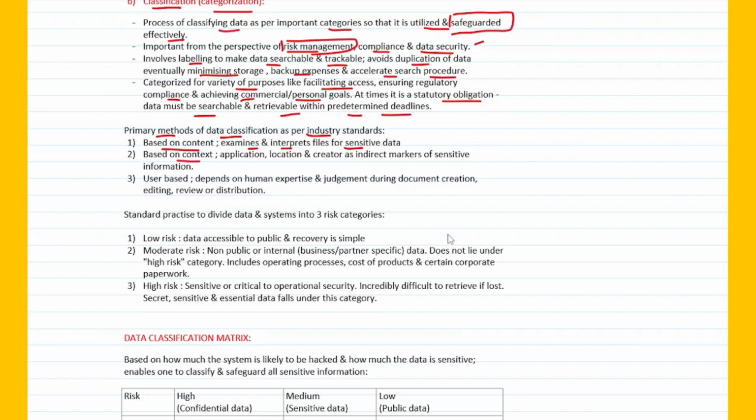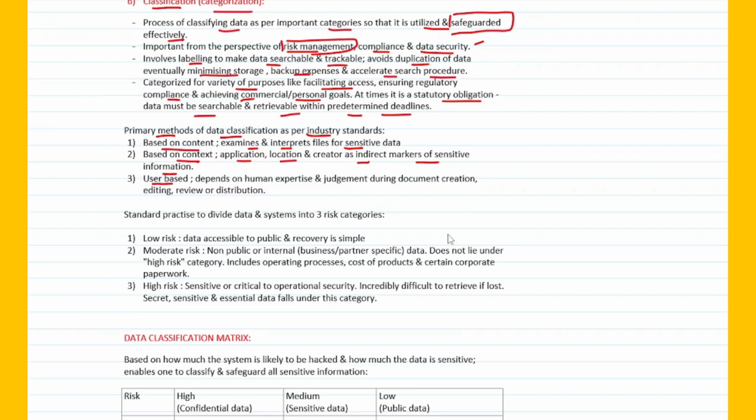If it is based on context, it is application, location, and creator as indirect markers of sensitive information, right? So the first one examines and interprets files for sensitive data; that is when it is based on content. If it is based on context, it talks about application, location, and creator as indirect markers of sensitive information.